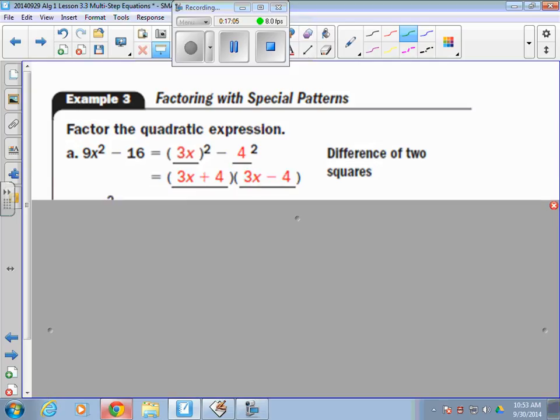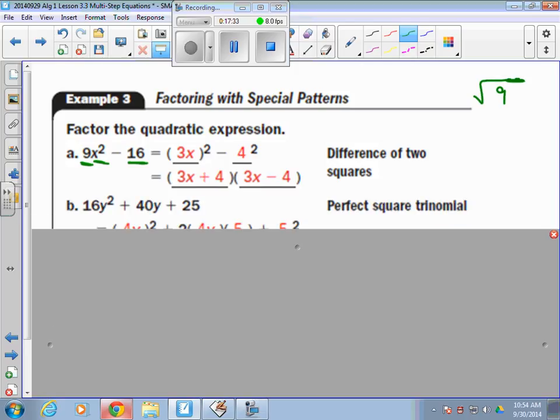So 3x plus 4 and 3x minus 4, because this is a perfect square 3x and this is a perfect square 4. So that's why it says 3x plus 4 times 3x minus 4. Just talking about the square root of these numbers. If you need to draw in that symbol to where you can see it, the square root of it. That means what times itself gives you that number.